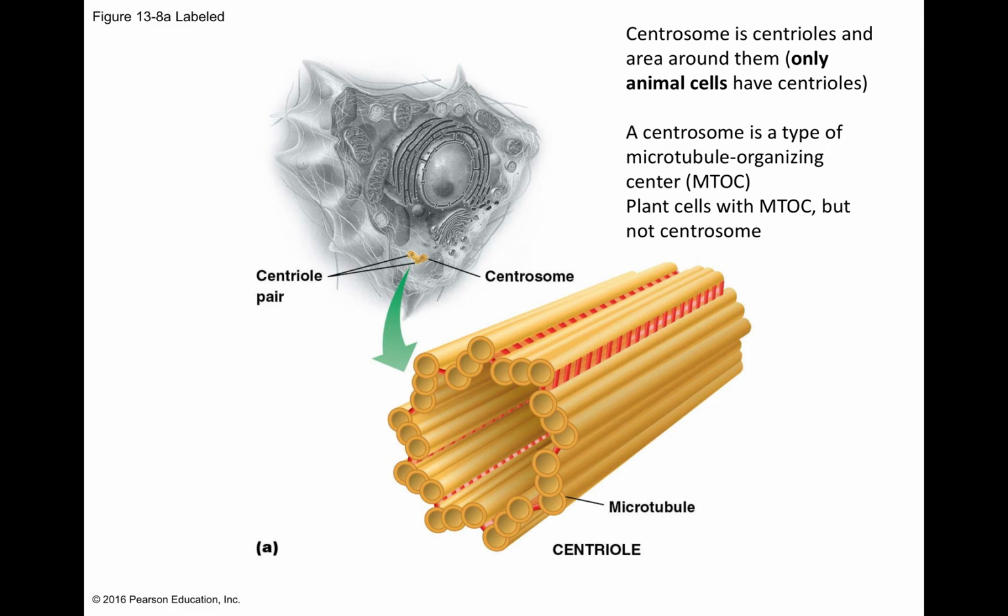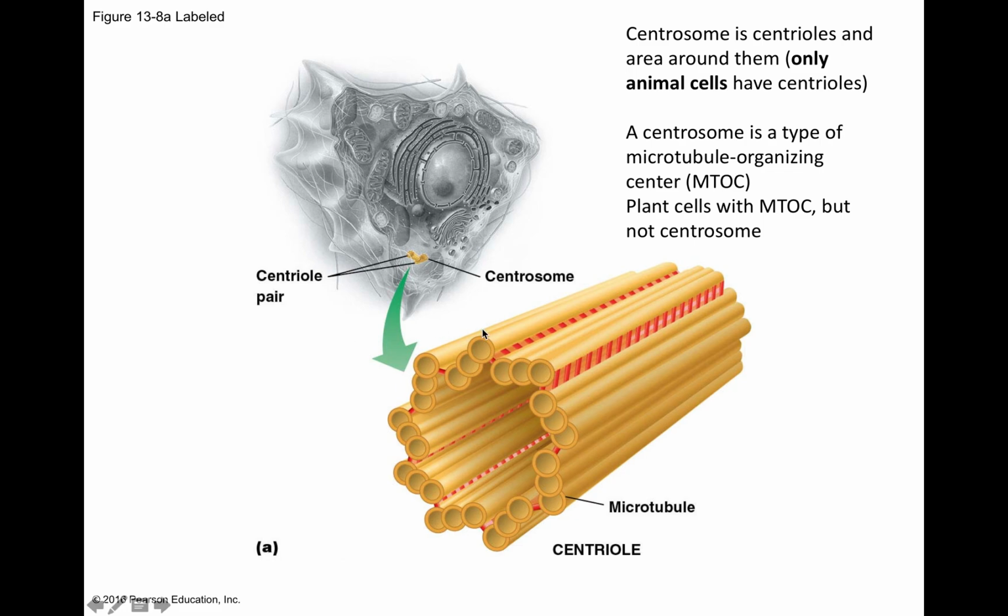The area around where the centriole is called the centrosome. So like the home base in the cell for a centriole is a centrosome. It's just the area around the centriole. A lot of this comes from what we can see in an electron microscope.